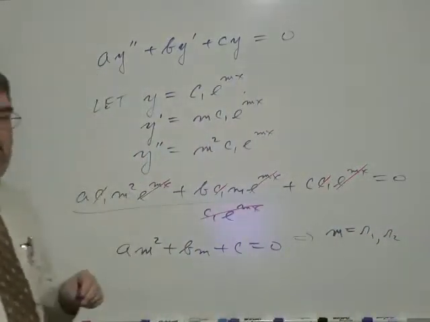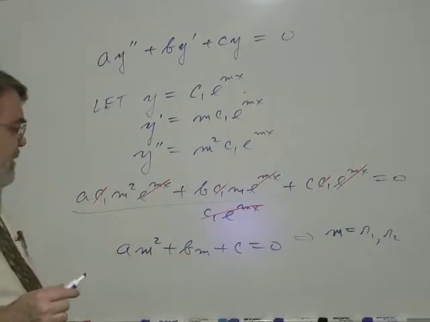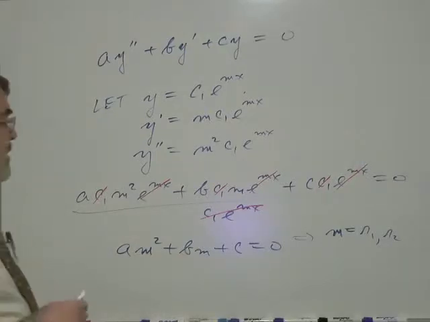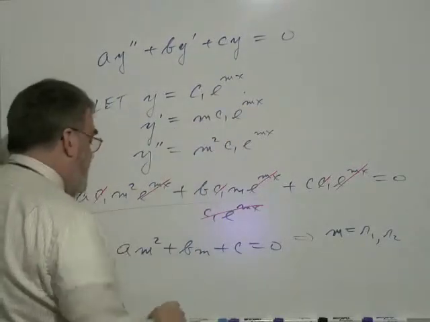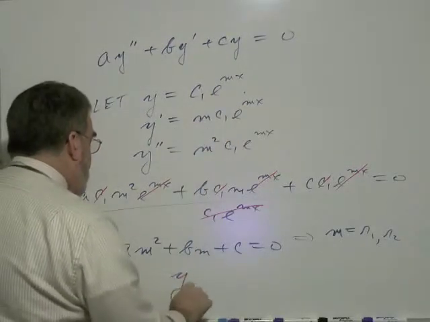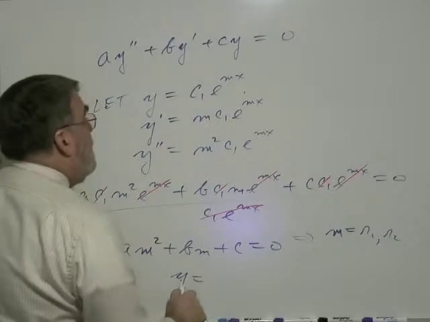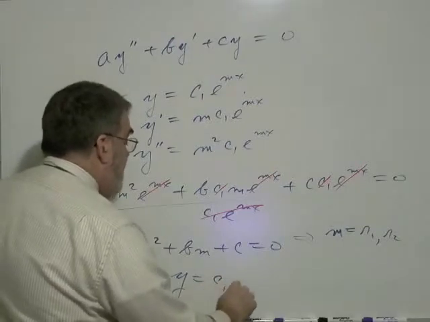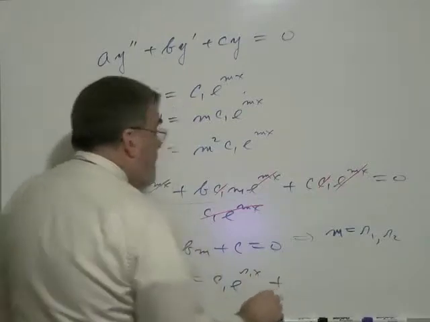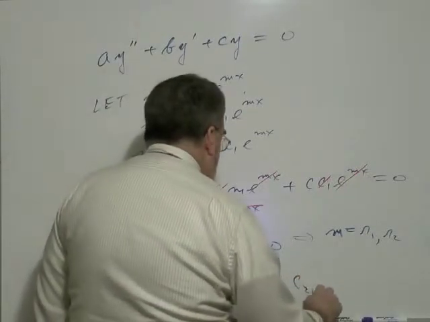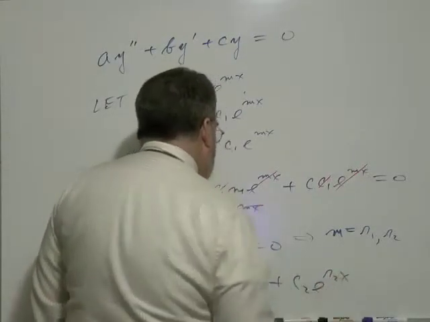I'll call it r1 and r2 for the two roots of this equation. In that case, each of these will give us this kind of answer. That means my solution is y equals c1 times e to the r1 x plus c2 e to the r2 x.